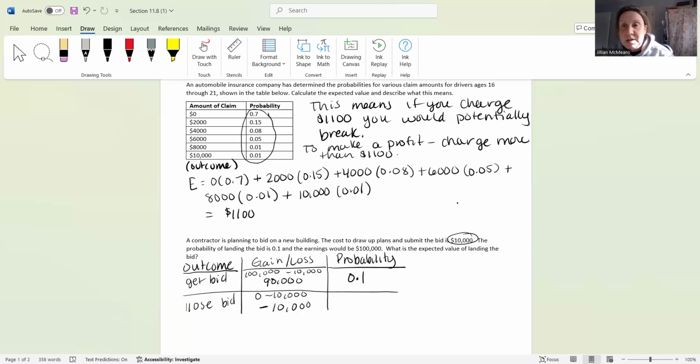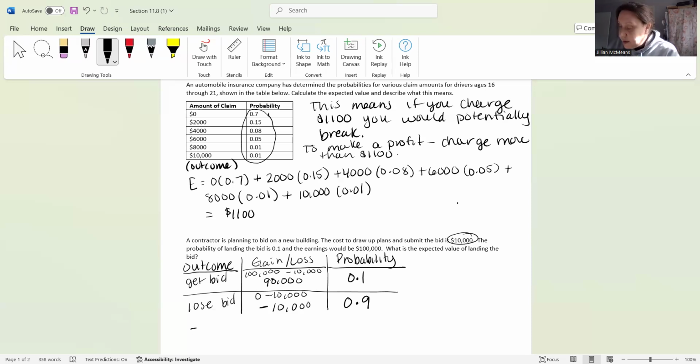So when you're dealing with expected value, all of the different probabilities have to add up to 100% or to 1. Well, if the probability of getting the bid in this case is 0.1, the probability of not getting the bid is a whopping 0.9. Okay, so you may have to do a little math on your probabilities depending on what the situation is.